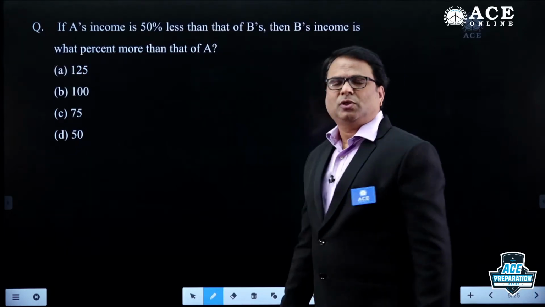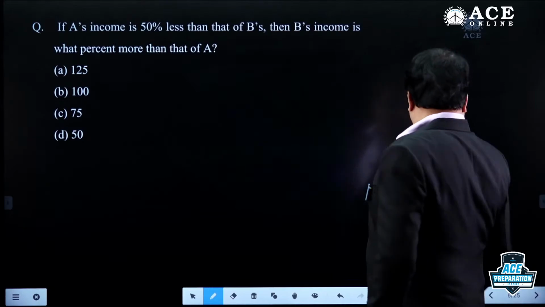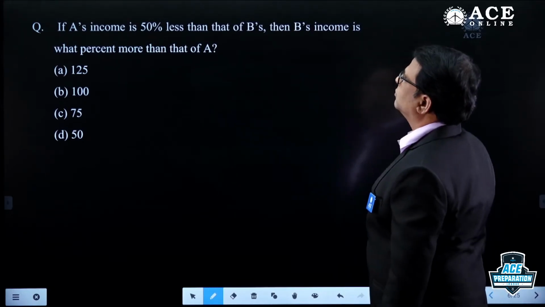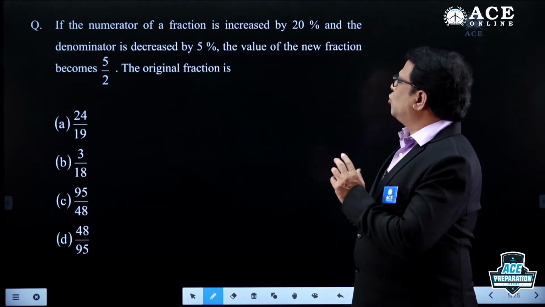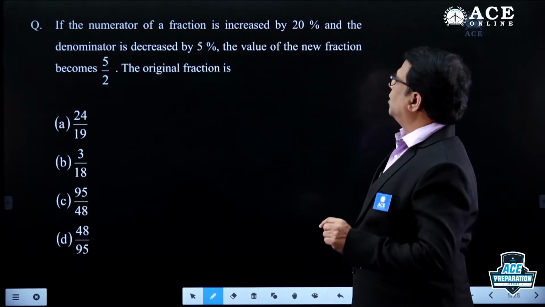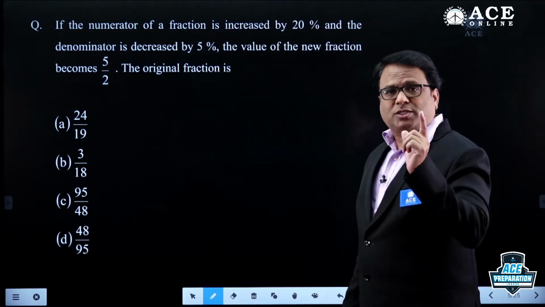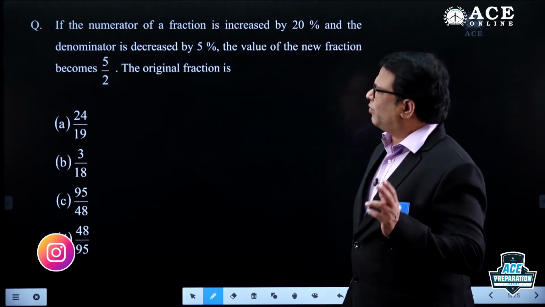Right. So this is the next question. If the numerator of a fraction is increased by 20% and the denominator is decreased by 5%, the value of the new fraction becomes 5/2.